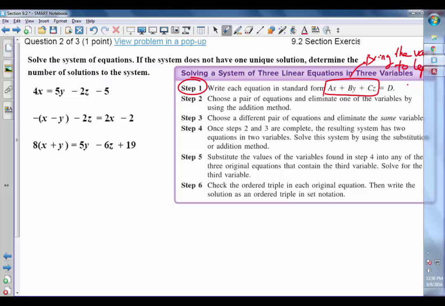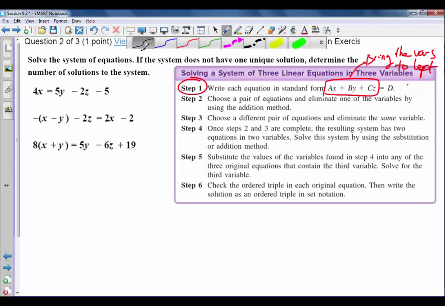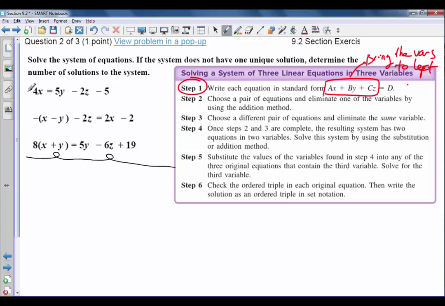Okay? I'm going to do one step here. So take some space here and rearrange the terms. Bring only the variables to the left. Leave the constants on the other side.